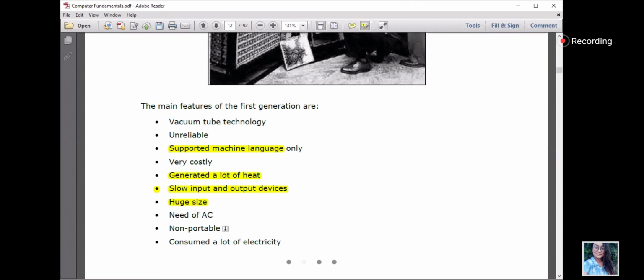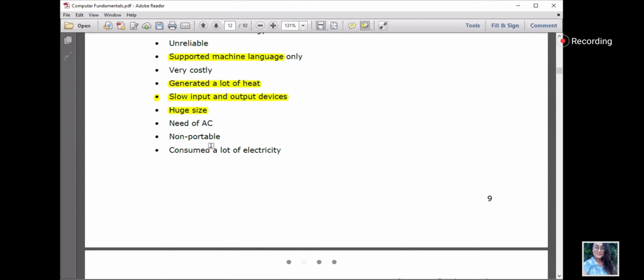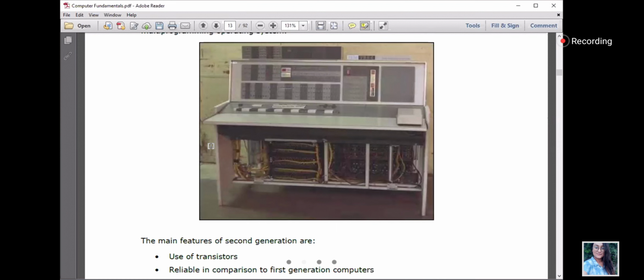So whenever I'm giving any number, or any text A, B, C, D, or an image or video, audio, anything, every data on computer is converted into machine language. Everything I put as an input into the computer is converted into a series of 0s and 1s.